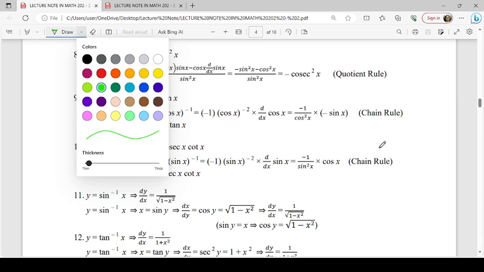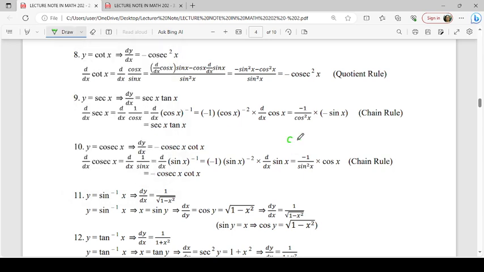So when we need to take the derivative of d/dx of this, we write cos x as u.